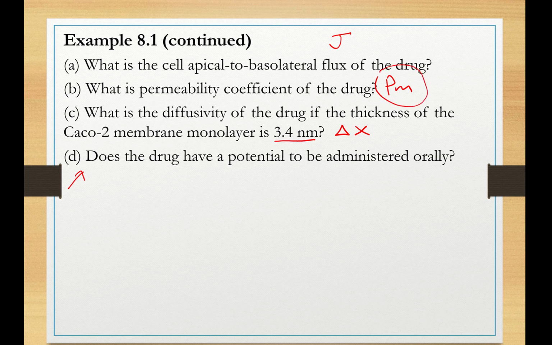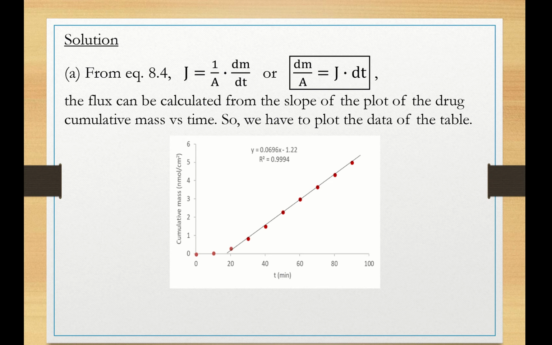So let's start first from the flux. Now we have our equation that the flux is equal to 1 over A times dm dt, and therefore solving our equation for dm over A, we get dm over A is equal to J times dt. Now obviously this is the time, right? And this is the y-axis.